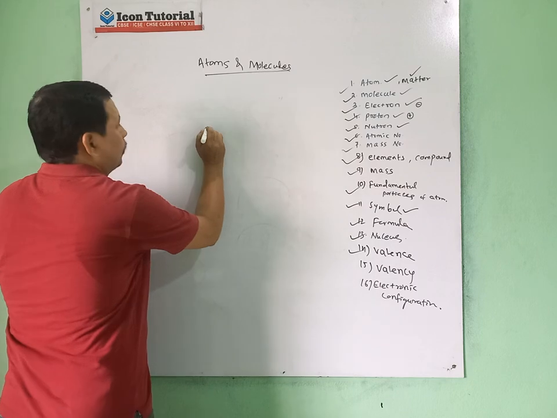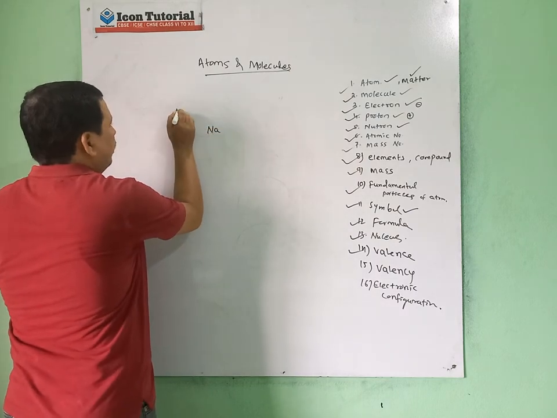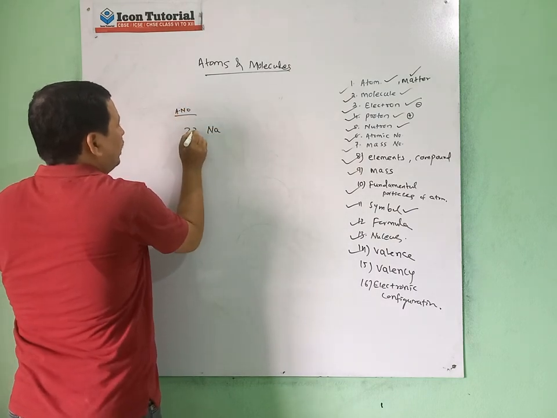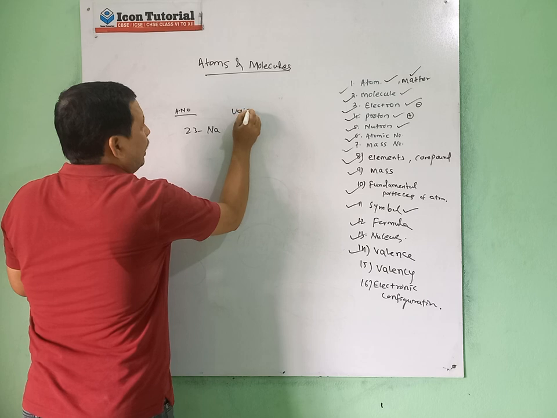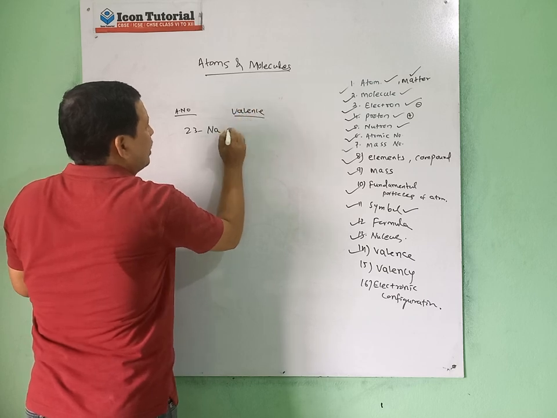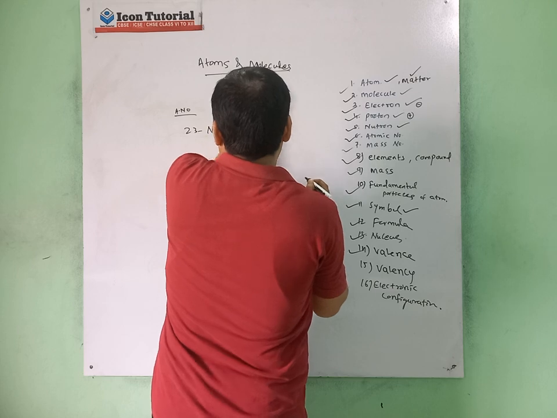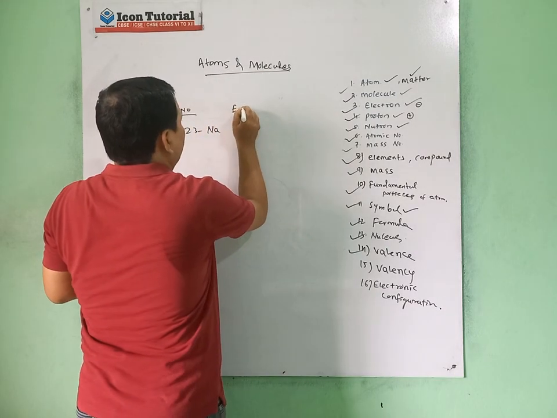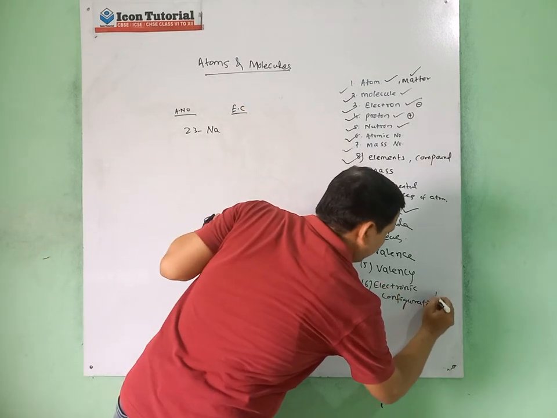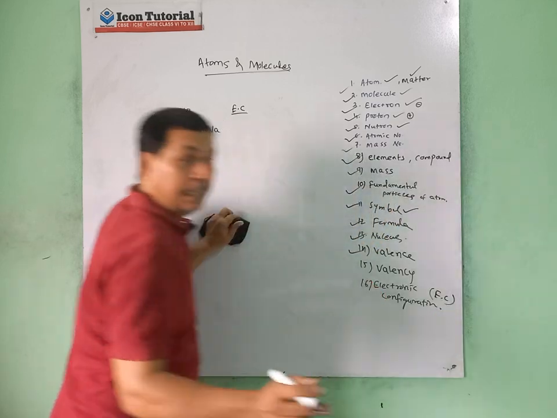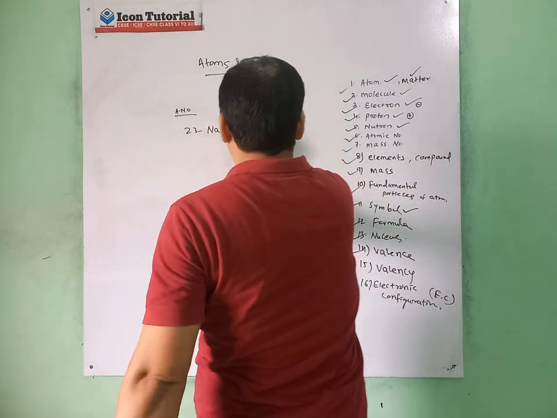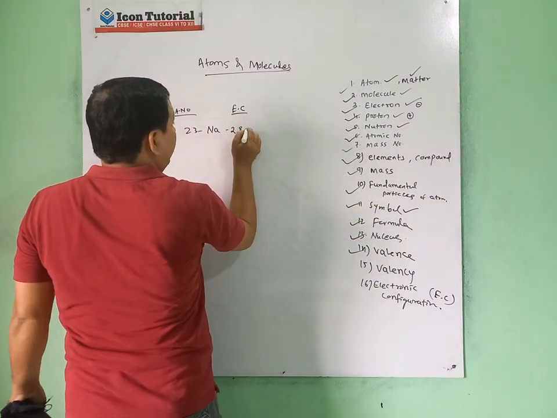Valence electron. Sodium, atomic number 11, mass 23. Valency is not the same as valence here. C electronic configuration, this is your EC, electronic configuration 2 8 1.